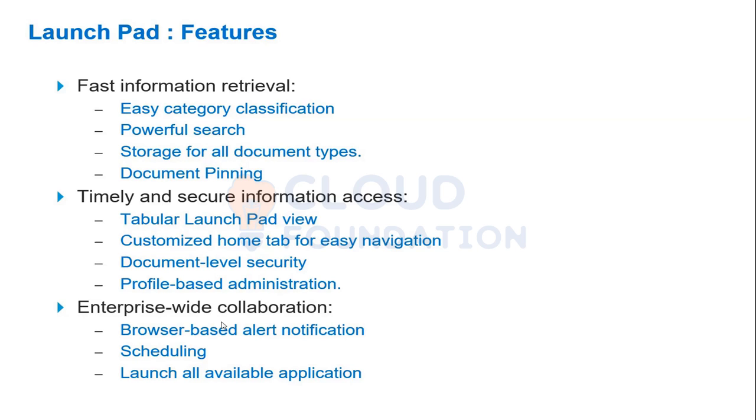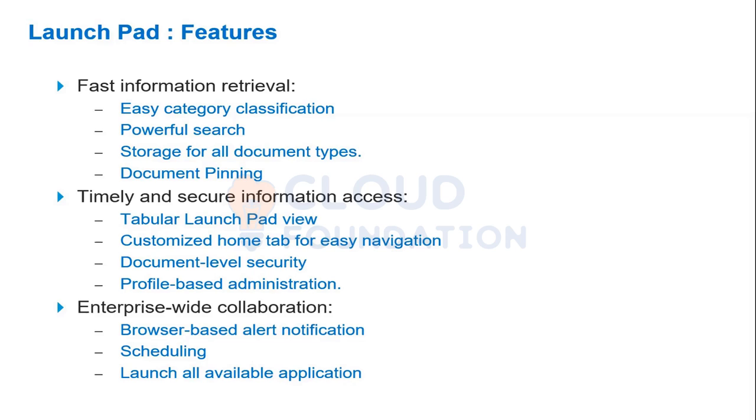The third feature is enterprise-wide collaboration. It has browser-based alert notification, and we can schedule the reports instead of manually running them. If we need a report daily, or weekly, every Sunday or every Monday, instead of going there every Monday and manually refreshing, we can create a schedule.